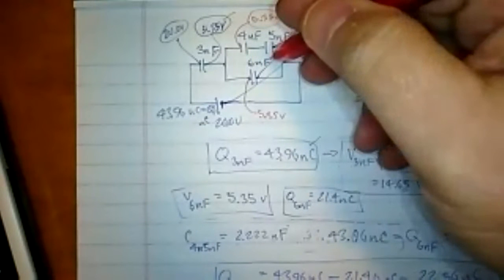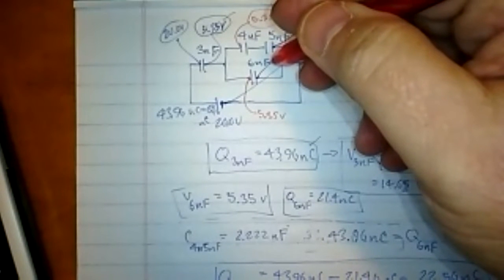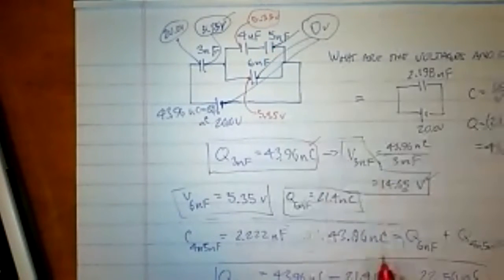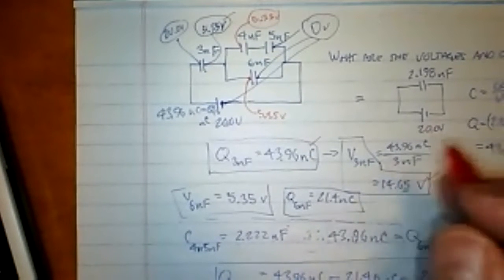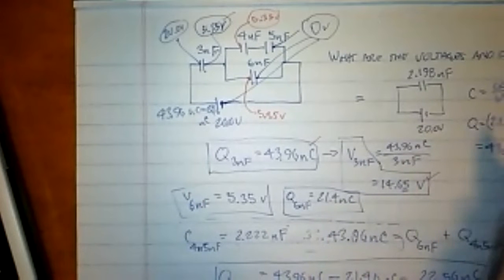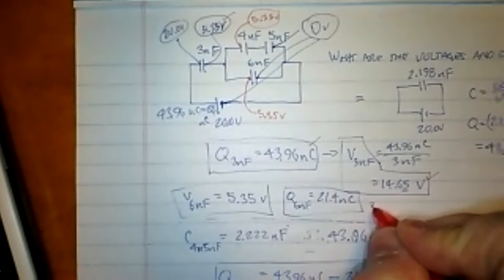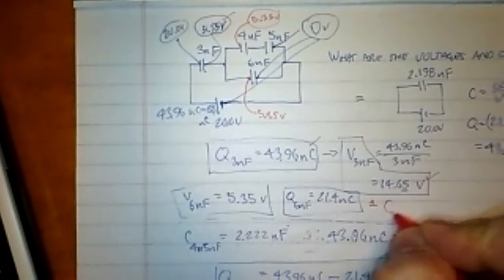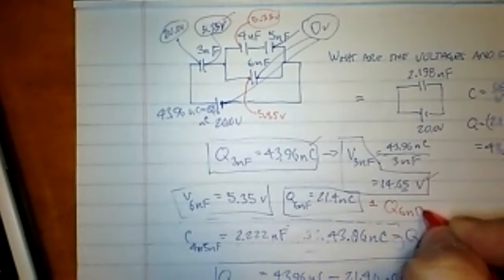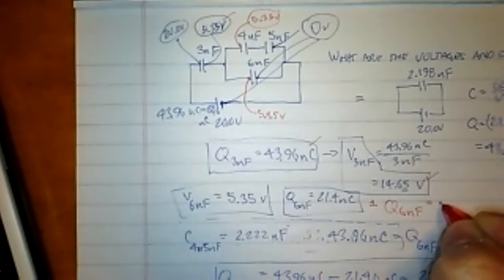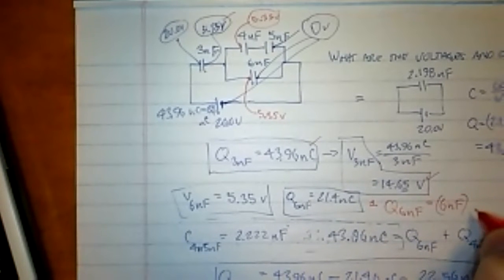And when I get to the 6 nanofarads, and I compare that to find out what the charge is, then the charge for the 6 nanofarad capacitor should be equal to the capacitance, 6 nanofarads, times the 5.35 volts.